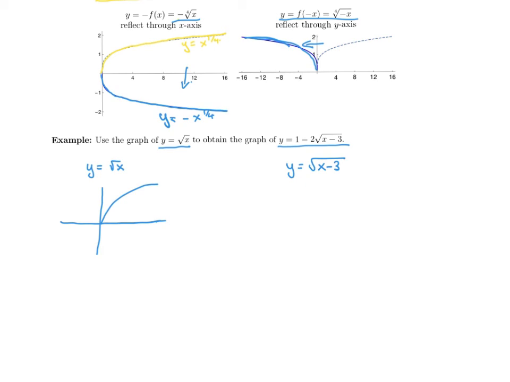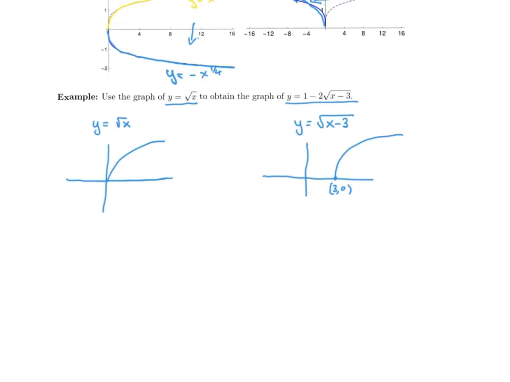Well, remember, when we subtract 3 from the x, this just shifts the whole graph to the right by 3 units. So the start of this graph is now at the point 3 on the x-axis, or the point with coordinates 3, 0.